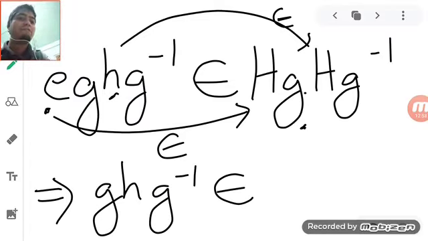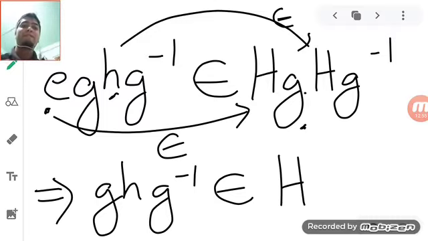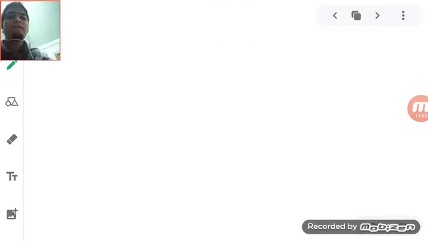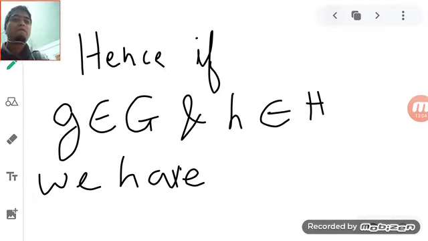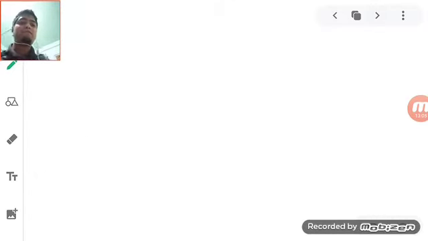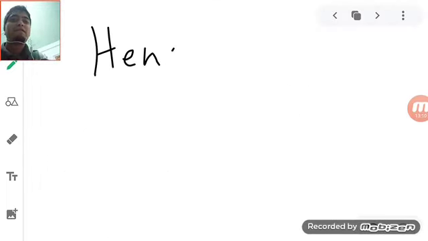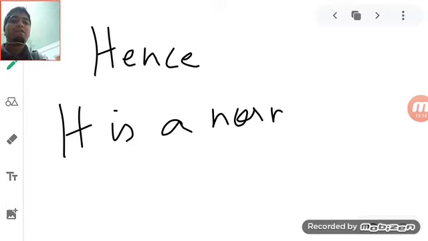From equation 3, we will have g h g inverse belongs to H. So once you have equation 4, hence H is a normal subgroup.